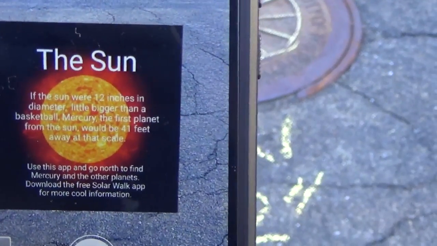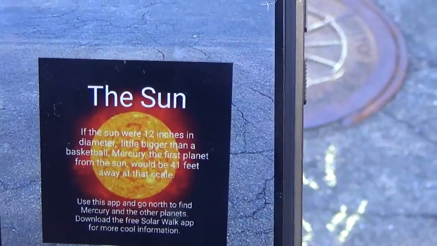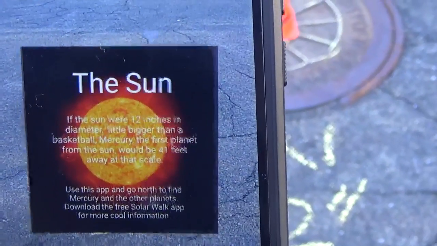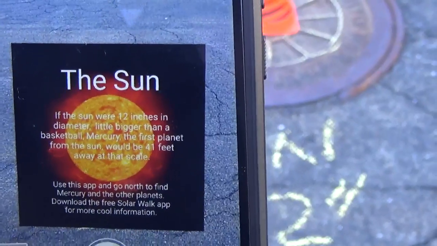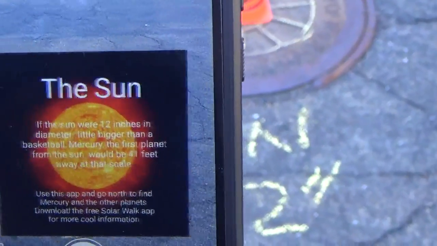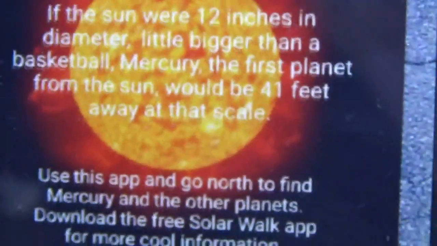This is good. And so when I stand in the same spot where I had originally taken the picture and added this overlay, you see this informational pop-up about the sun, which is exactly what I'm looking for, and this is great. But that's the issue, is that it doesn't always work.